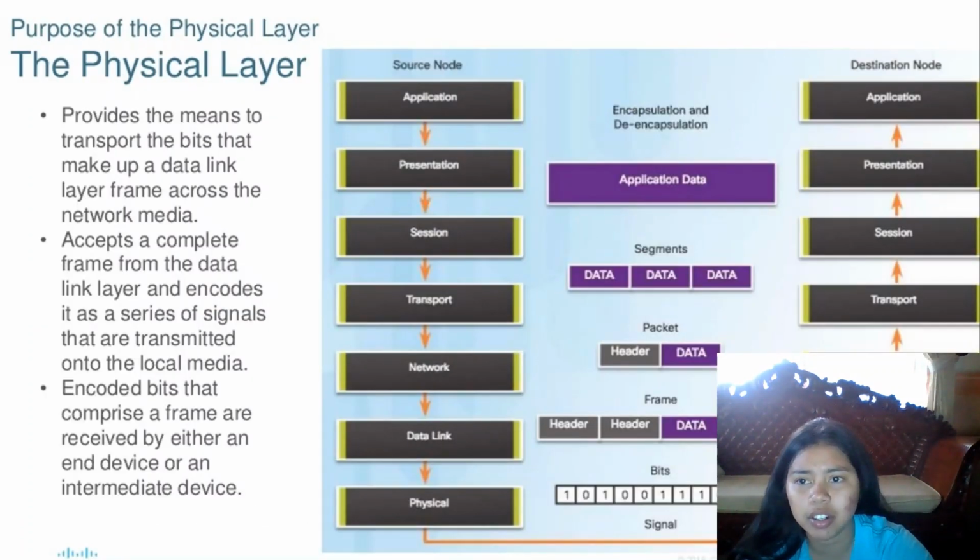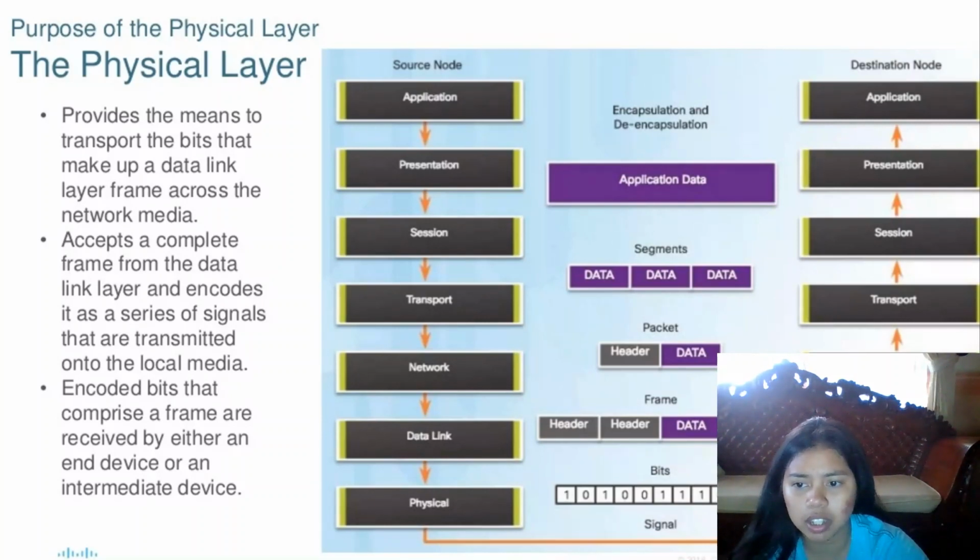The physical layer. The physical layer provides the means to transport the bits that make up a data link layer frame across the network media. It accepts a complete frame from the data link layer and encodes it as a series of signals that are transmitted onto the local media.